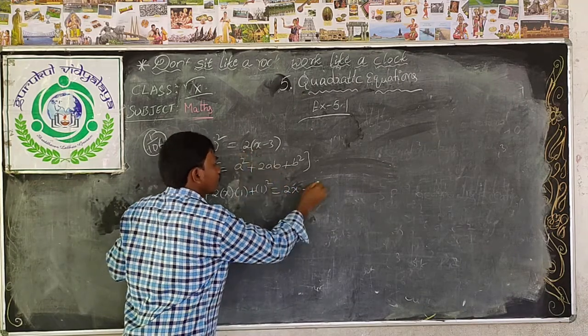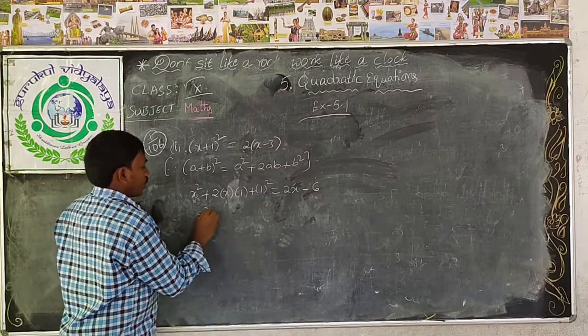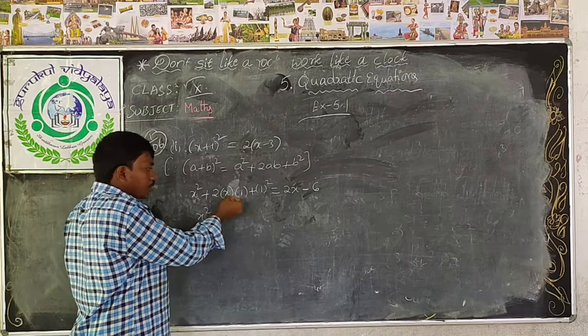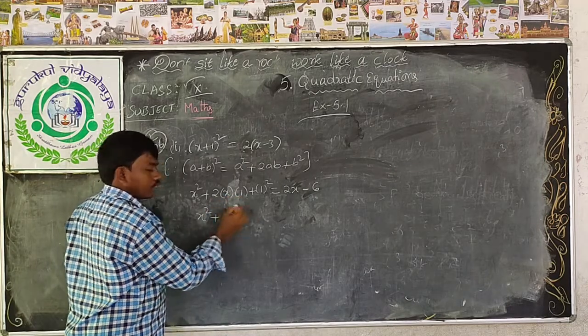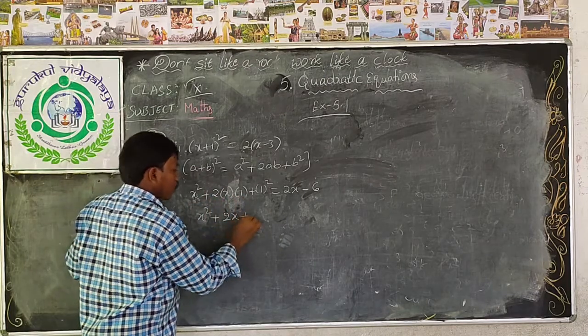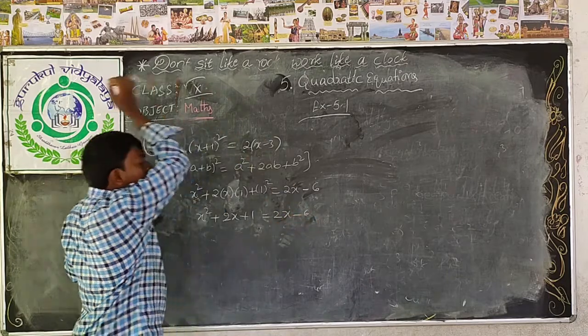Again simplify. x square plus 2x plus 1 square, which is 1, is equal to 2x minus 6.